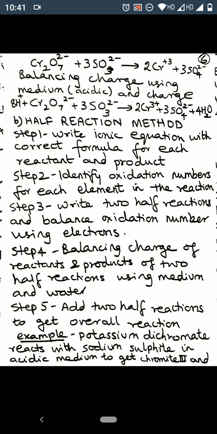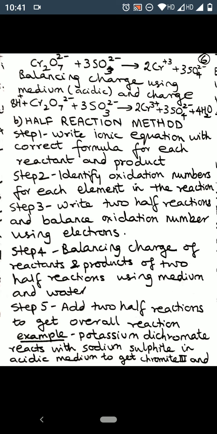Half reaction method. Step 1, write ionic equation with correct formula for each reactant and product. Step 2, identify oxidation numbers for each element in the reaction. Step 3, write two half reactions and balance the oxidation number using electrons.